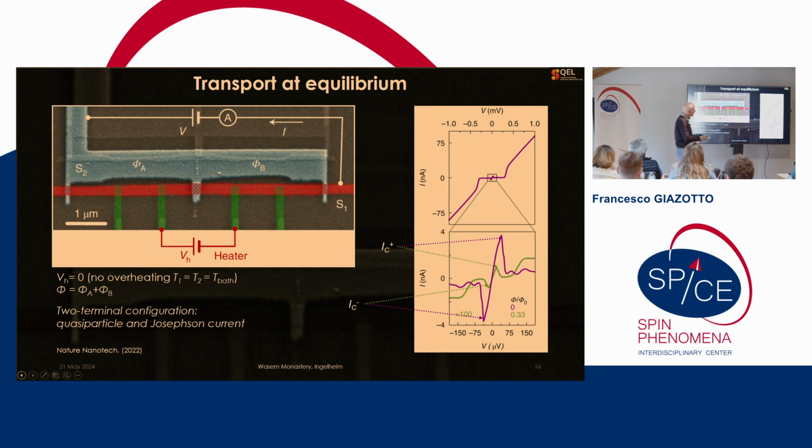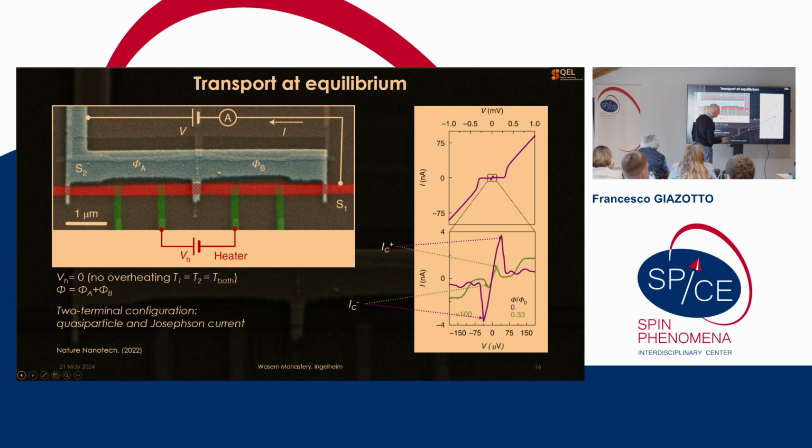So what happens is that we have the I versus V characteristic of the system, which is well known from textbooks. We see the large onset of quasi-particle tunneling at the sum of the gaps. Then around zero bias, we see the manifestation of Josephson coupling, the violet curve, and the green curve is for a different flux, which minimizes the Josephson coupling in the system.